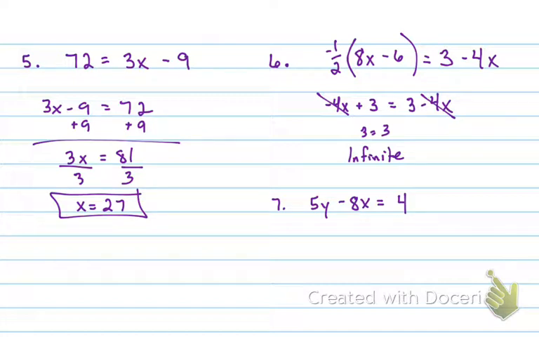If I'm solving for y, where do I put my heart? Over the 5y, which means I'm doing that second. I'm not going to do the 5y first. Now I have to figure out how to get everything else to the other side of the equation.